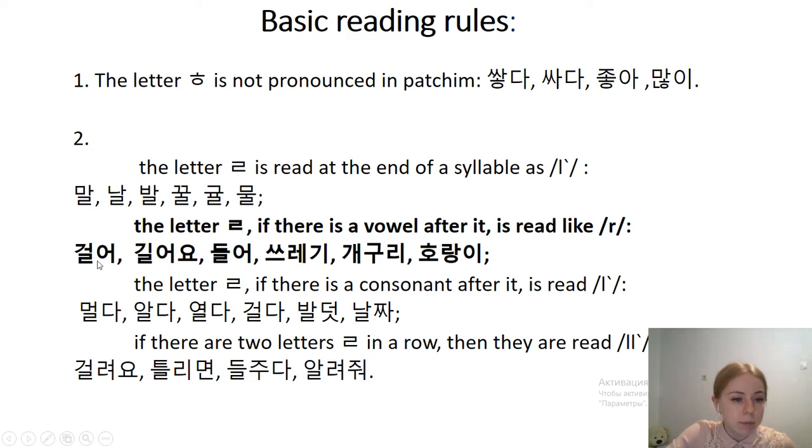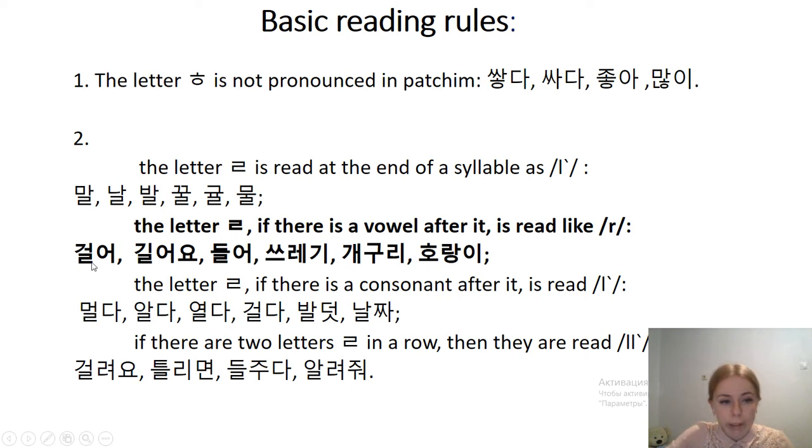So let's look through these examples. 걸어, it's R sound and O. O is a vowel after R. So we have to read R like R, not L. No, we don't read it like Lo or something like that.